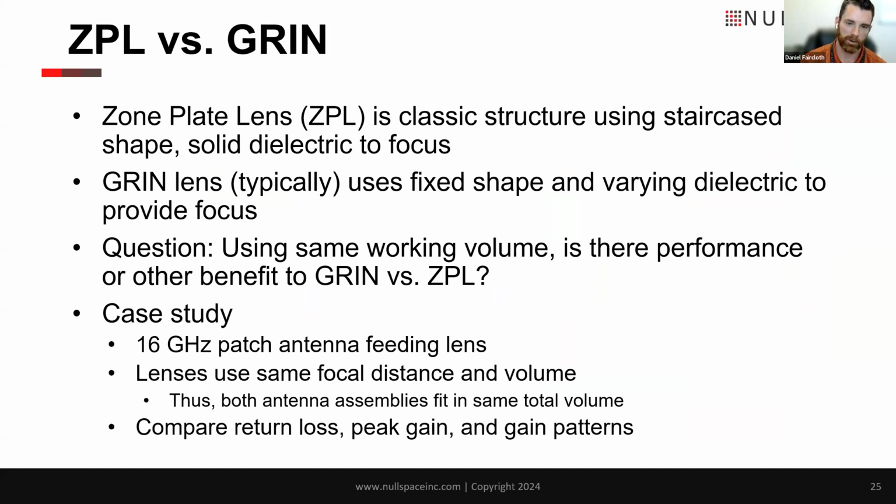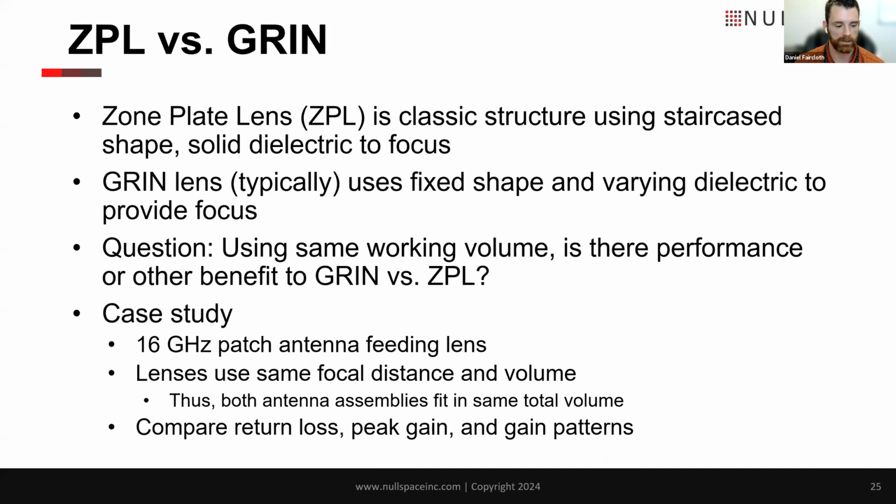So, Phil showed that cylindrical Grin lens as an example, and that's the example that we're using throughout the series. And we wanted to address a question that I think all antenna engineers should ask right away when considering a different type of antenna structure: is that type of antenna structure going to help me meet my RF performance requirements better?